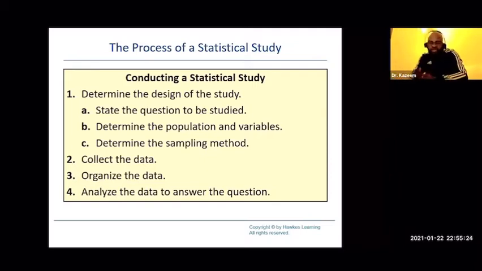When you start with the question that you want to study, probably you may want to look at the effect of cell phone use on the risk of getting cancer.